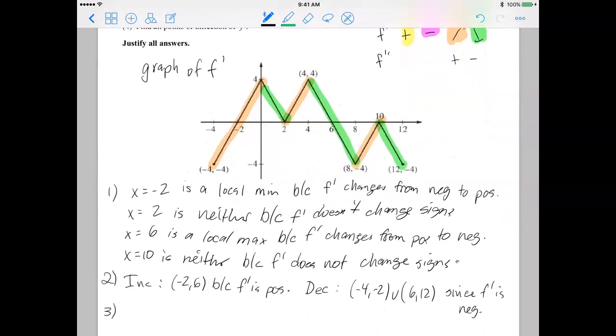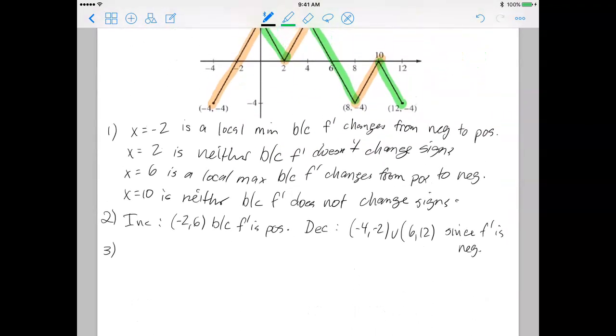Okay, so if we go down and write that, we are going to be concave up on -4 to 0, and also from 2 to 4, and then also from 8 to 10, and that's going to be because f prime is increasing.